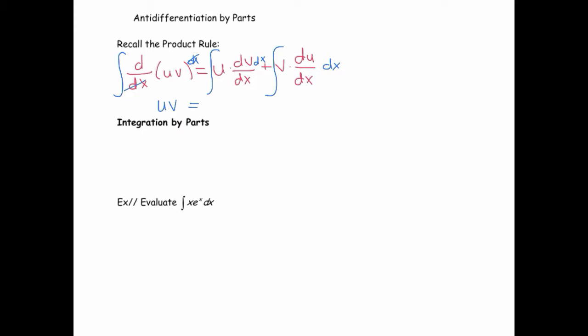And on the right-hand side, the antiderivative of u times dv/dx with respect to x is just the integral of u dv. And the second term becomes the antiderivative of v du.